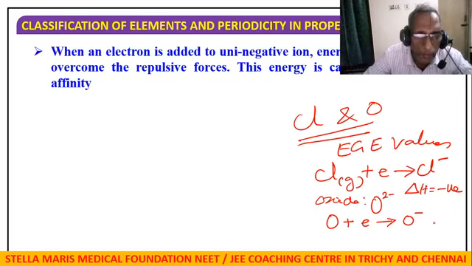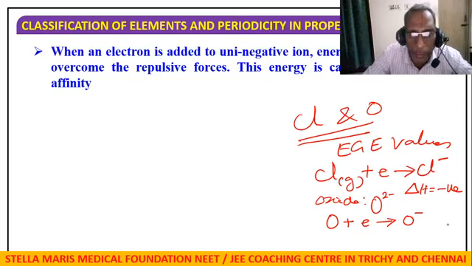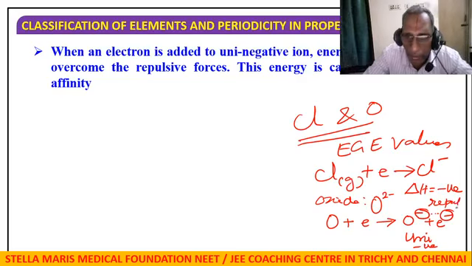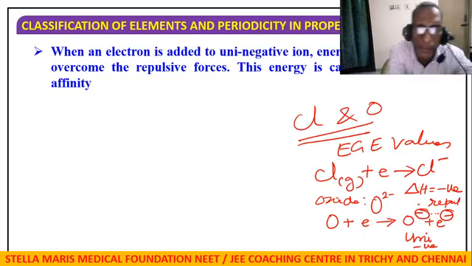Everybody listen. This slide: when an electron is added to a uni-negative ion, this is called a uni-negative ion. If you add one more electron, this is also a negative charge. We know that like charges repel each other.